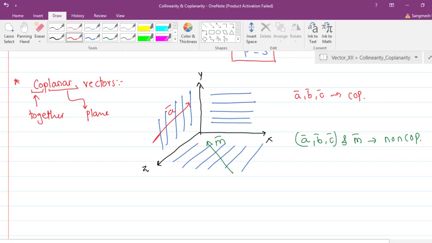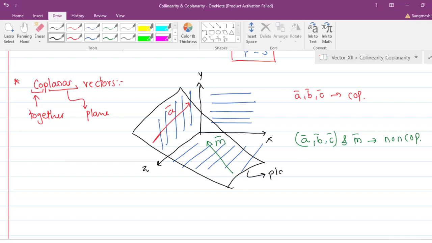Now, I can draw a third vector combining these two vectors like this. So this will be the third vector, or any random vector in a space. See here, this plane I can have. I request all of you please mute your mic. So this is the plane I am having here.